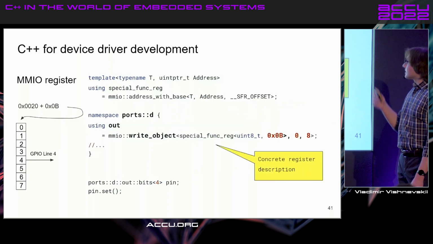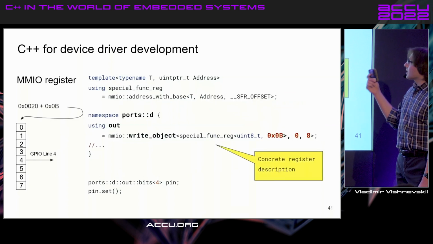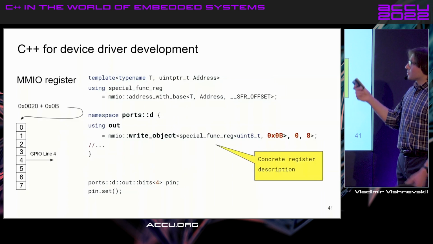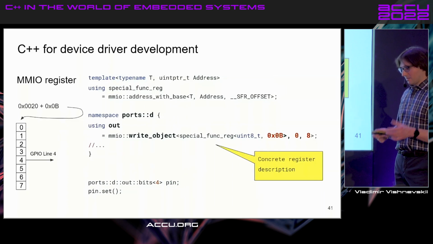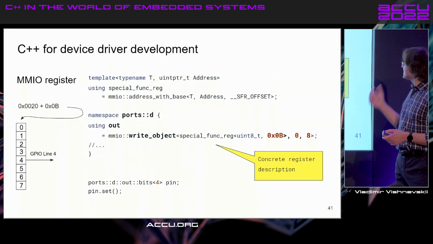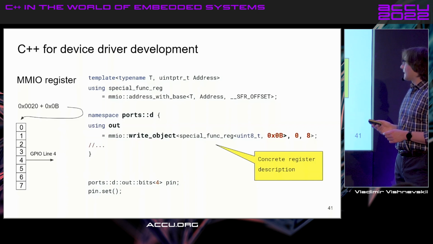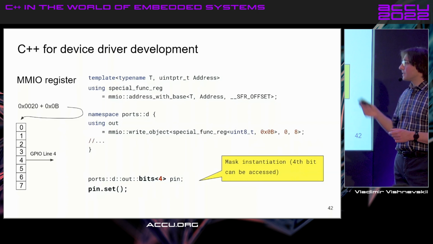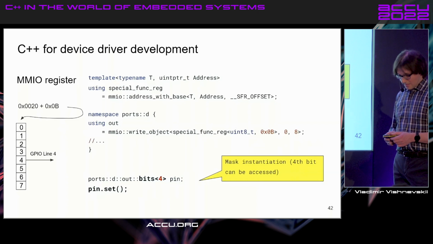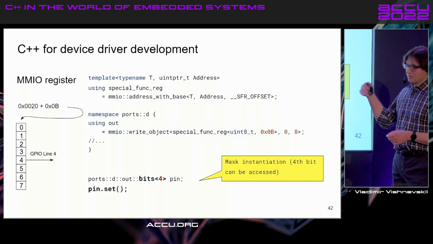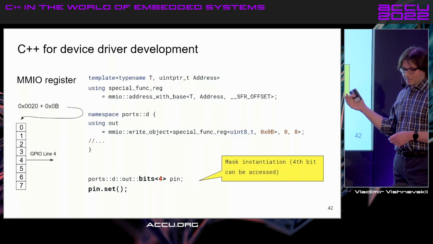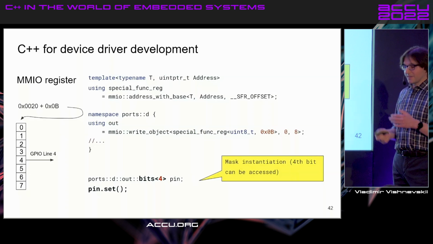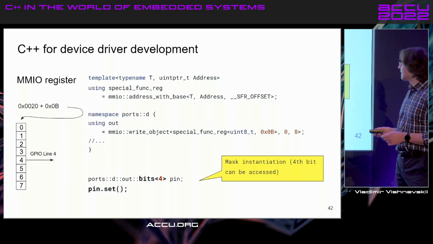And using this approach, we can specify just some type that will be isolating the access to some concrete register. Then later, we can specify what bits, some mask that we want to modify, and just call the set function that will effectively access the memory cell and modify the bit in this cell.